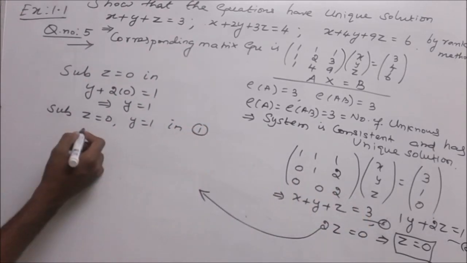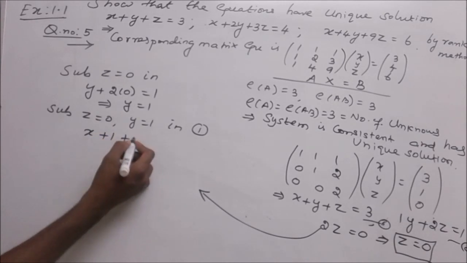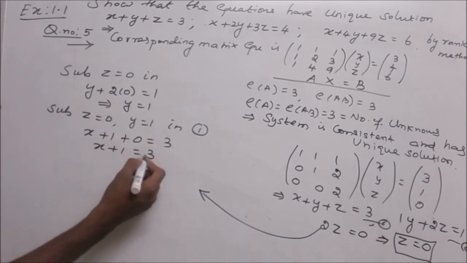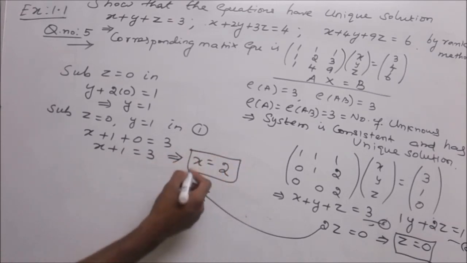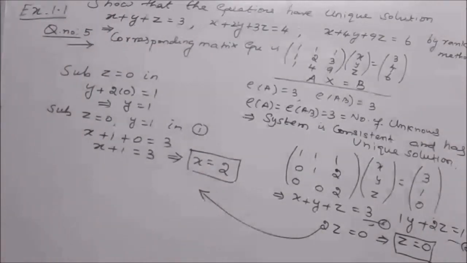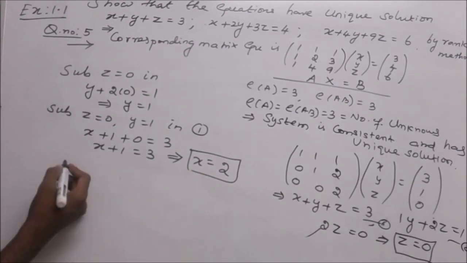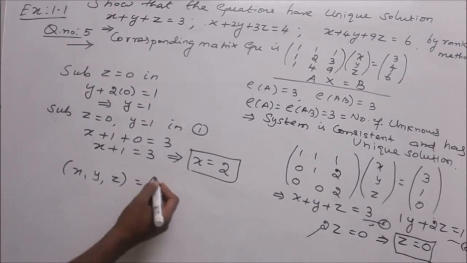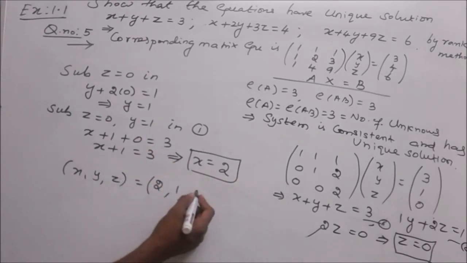We have x plus 1 plus 0 equal to 3, then x plus 1 equal to 3, which implies x is equal to 2, that is 3 minus 1 equal to 2. Therefore the unique solution is x, y, z equal to 2, 1, 0.